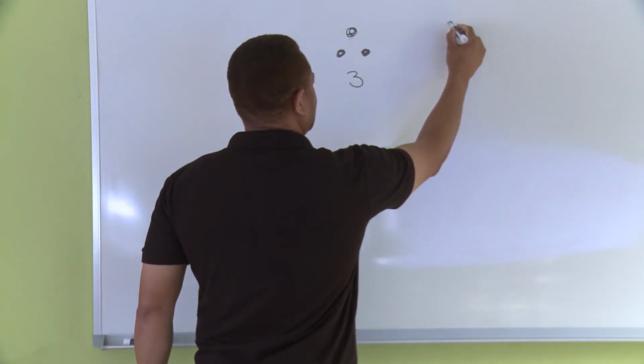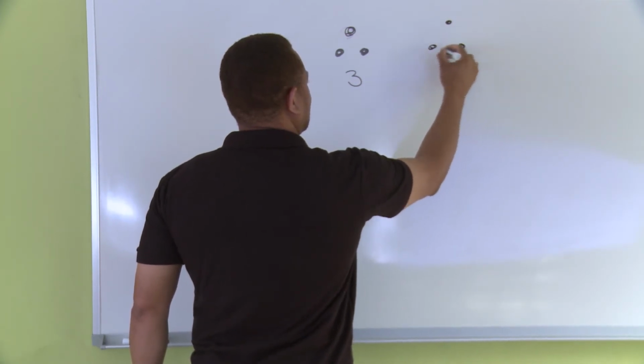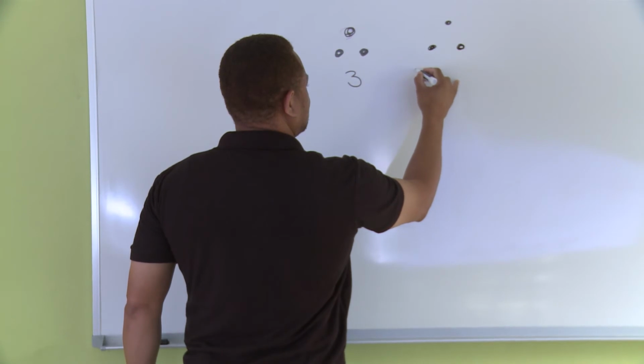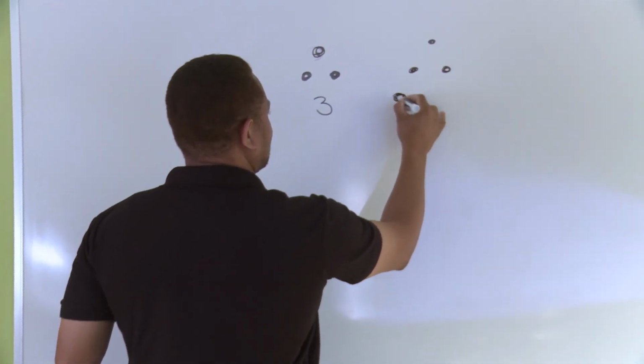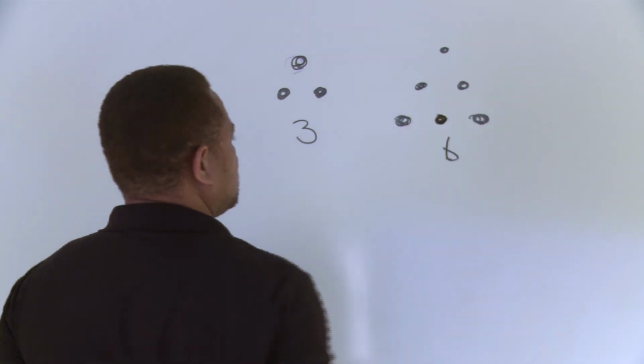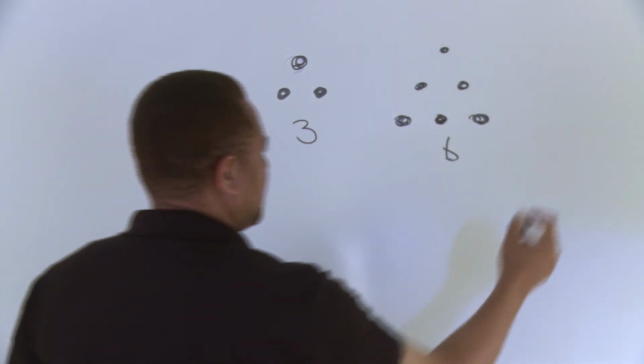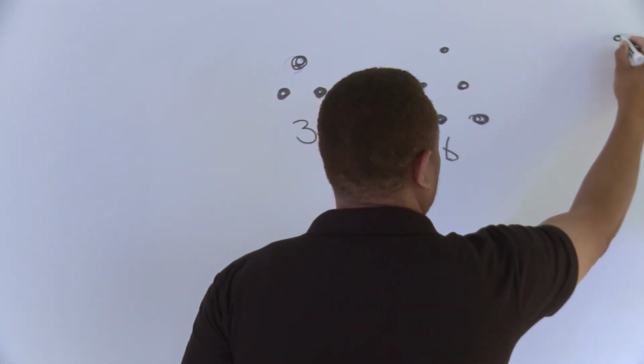If I now add another row of dots, six, forming another equilateral triangle. And now I can add another row of dots.